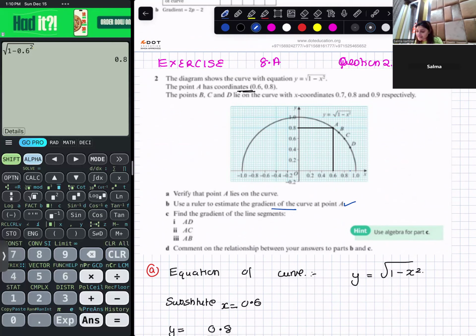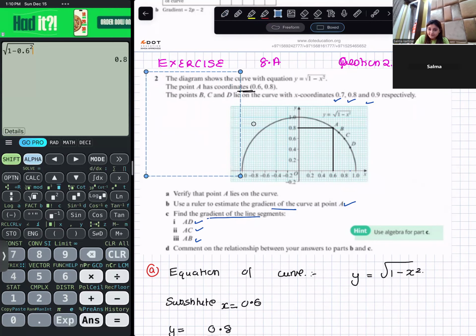Now my C part is telling me find the gradient of the line segments AD, AC, AB. Now I know point A is 0.6, 0.8. I need to have the x and y coordinates of points B, C, and D. So they've asked me to find the gradient of the line segments. First, I will find the coordinates of the points.